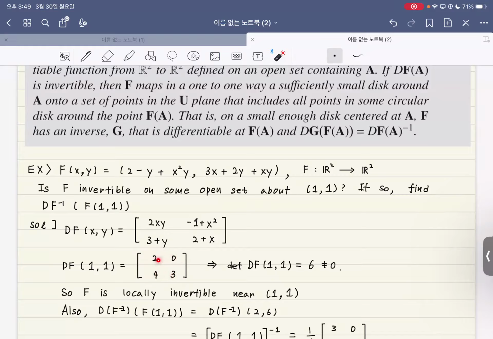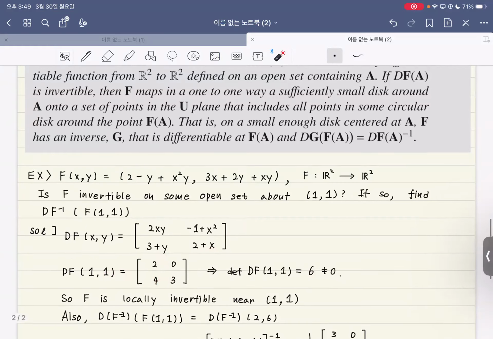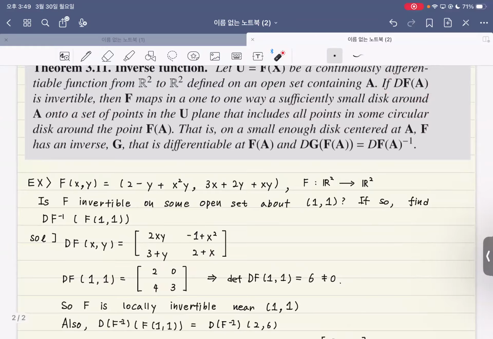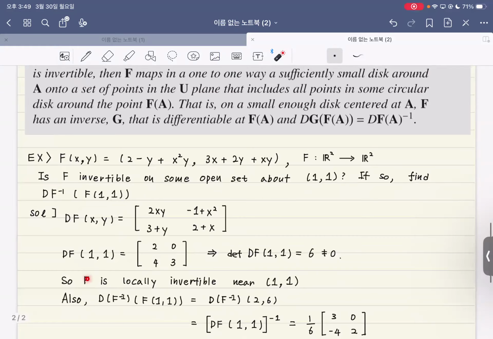So which is 6 minus 0, which is 6. And this is the determinant, and obviously this number is non-zero. Therefore, this proves that the matrix derivative at this point is an invertible matrix. And because of that, since this is invertible, f is locally invertible.